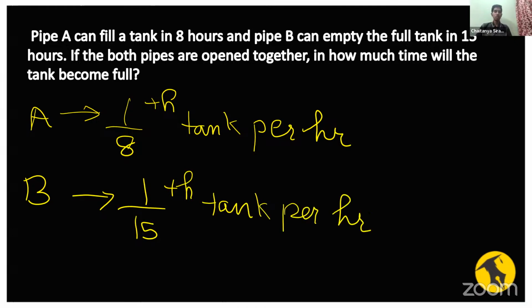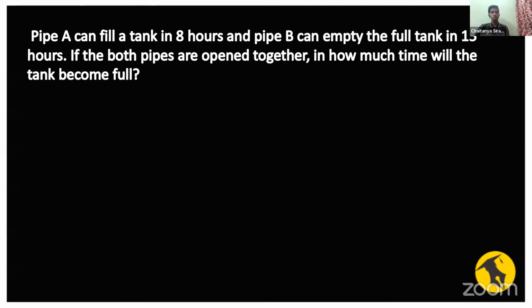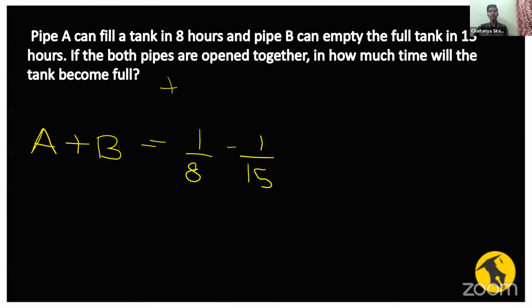Now the question says both of them are open together. So you simply do A plus B, which will be 1 upon 8 minus 1 upon 15. Now why minus? The minus is because inflow we can say as a positive, or it is addition in the tank, while outflow is a subtraction, or we are removing water, so we take it as minus.